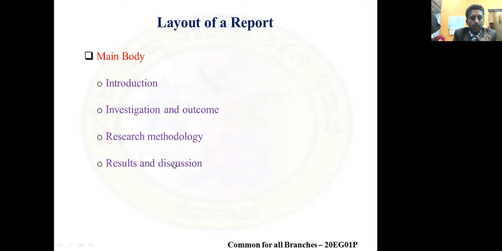And discussion means to interpret and examine and explain the results and answer the research question, justify your approach and critically evaluate your study. This is what is going to be done under result and discussion.